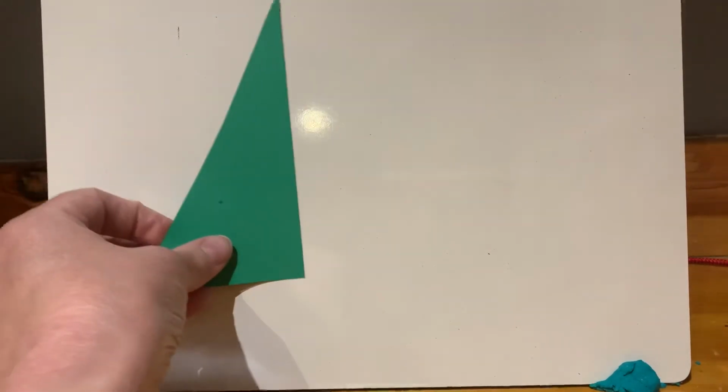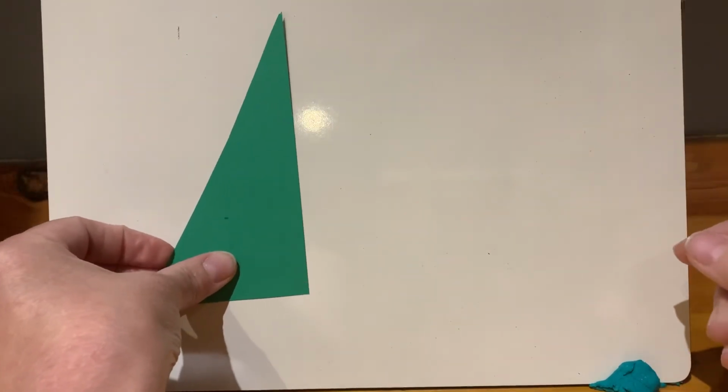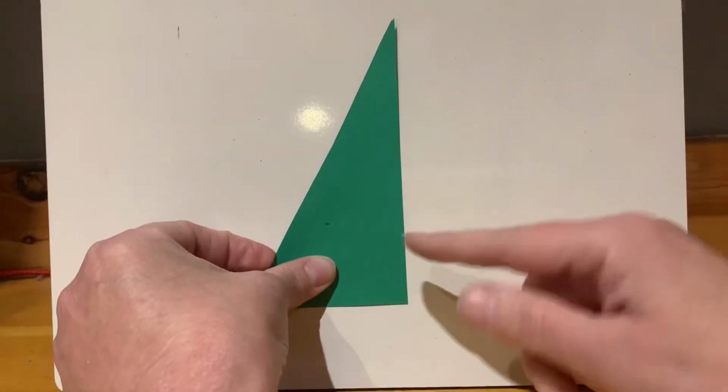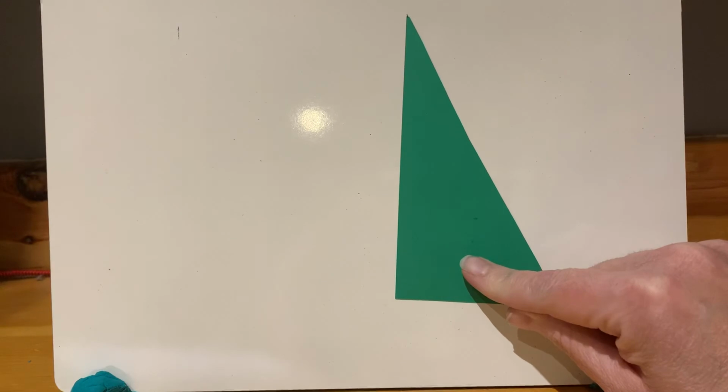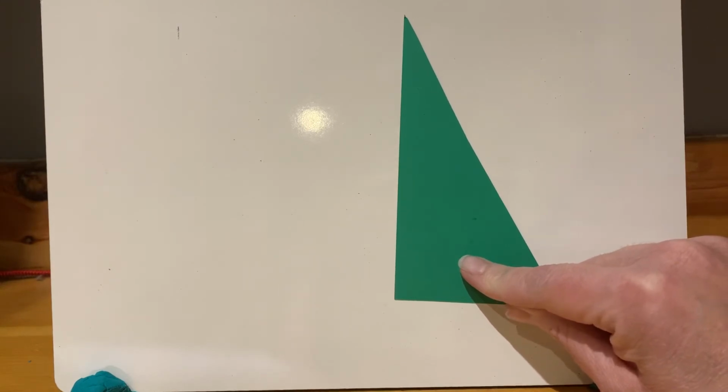Now, if I have this figure and I do this with it, I have done two transformations. What two transformations did I do? I did a translation and a reflection.